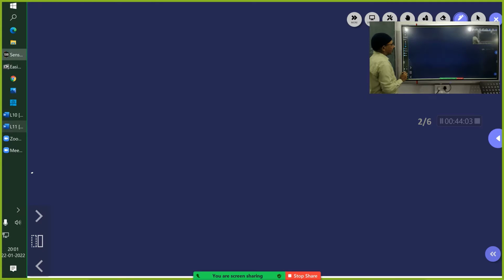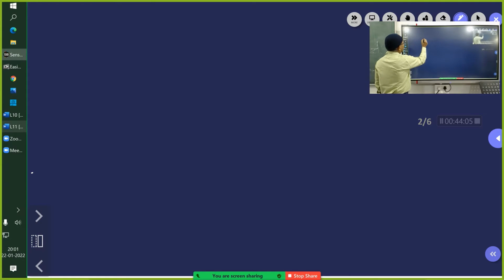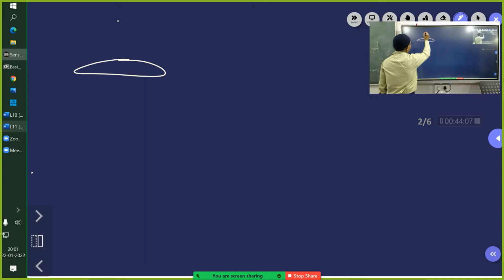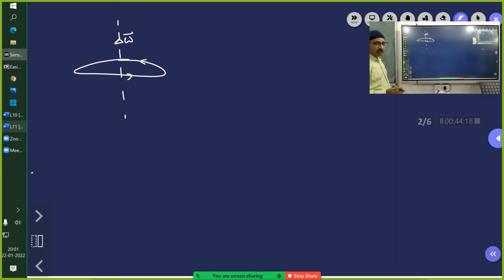See now, say this is rotating like this, and this is the axis. So obviously omega bar is up. Now you see this whole body. Supposing you say this is the disc. This disc is rotating, right? And so omega bar is this.